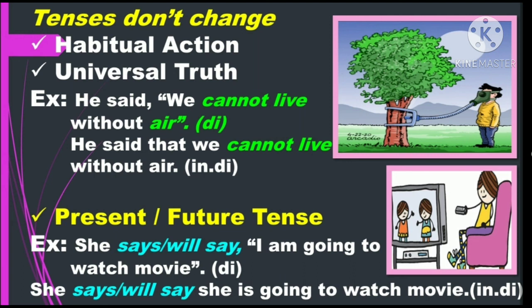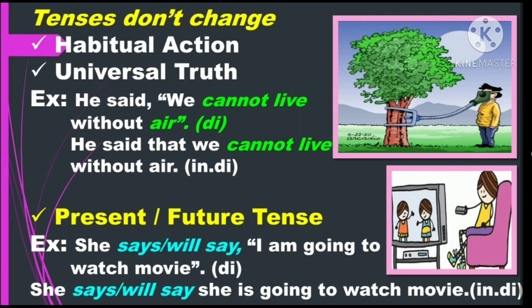And the second one is if we have present or future tense in the reporting verb, then there will not be any changes in the indirect speech. Look at the example. She says or she will say, "I'm going to watch a movie."